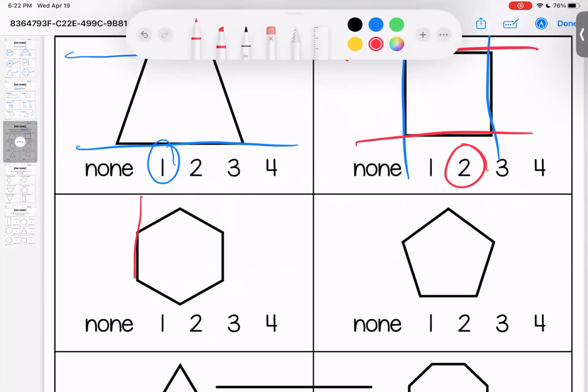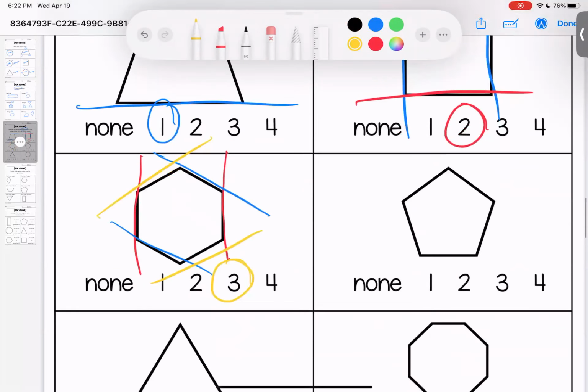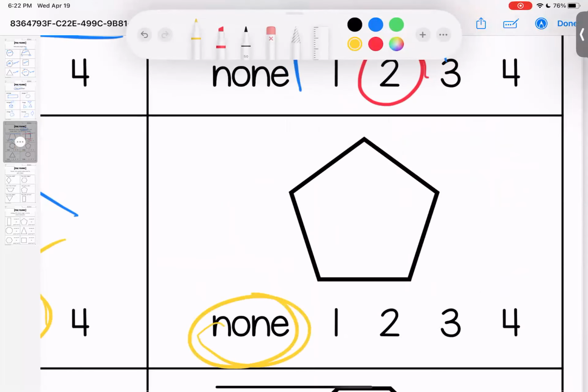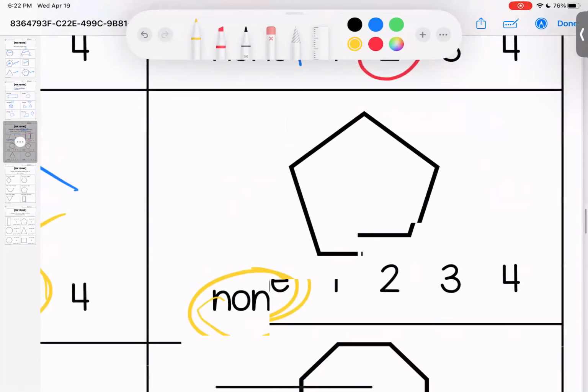This one, let's see, we have a pair here. We have a pair here. And we have a pair here. There are 3 pairs of parallel sides. This friend, none. Any way I set my lines, they are going to intersect at some point.